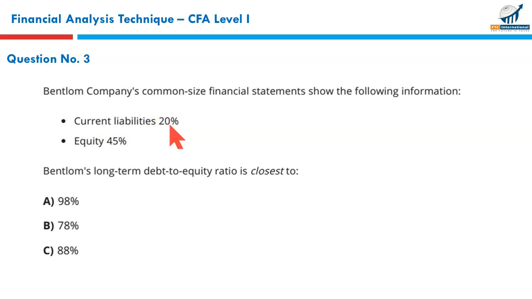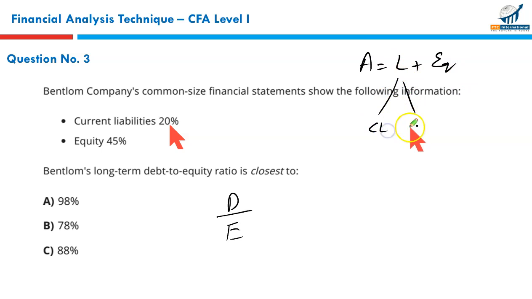Right? Now, taking these numbers first, we need to find out the debt to equity ratio. How do you find debt? We know the basic accounting equation, assets is equal to liabilities plus equity. When you say liability, liability consists of current liabilities as well as long-term liabilities. What we need is this debt specifically.